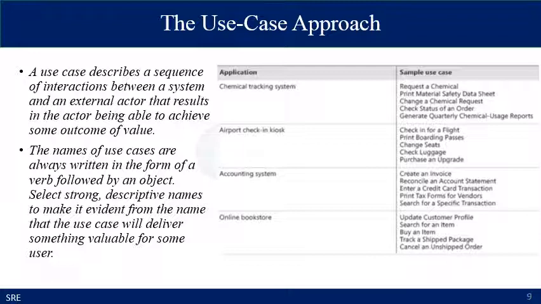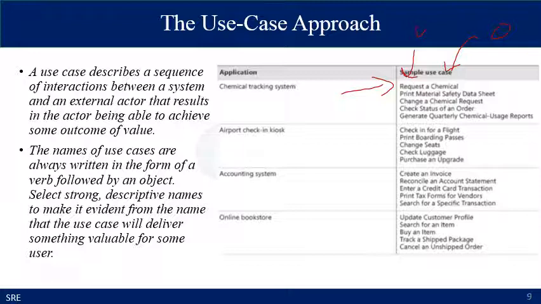It is written in the form of a verb followed by an object. For example, in the chemical tracking system, that is "request a chemical". So start with the verb and follow with an action or object.